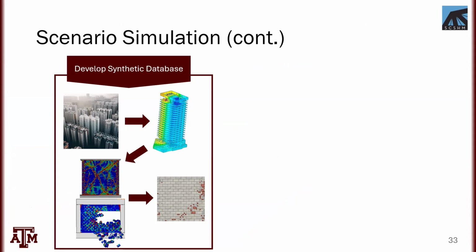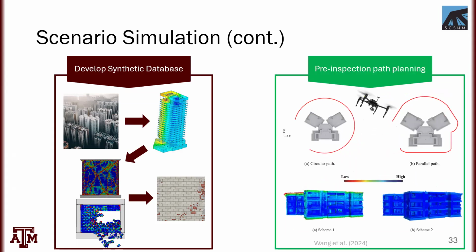We can develop structural models with physics-based damage being simulated, like cracking, spalling, and then we can generate photorealistic visualizations of what damage might look like under different scenarios. We can also use the digital twin for pre-inspection and planning. So let's say you are someone who has a UAV and wants to go out and perform actual inspection.